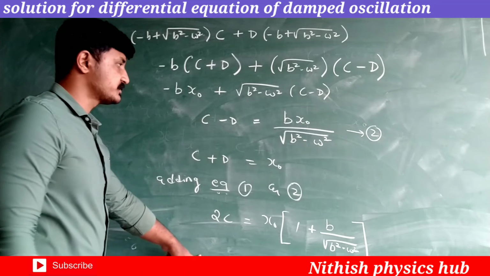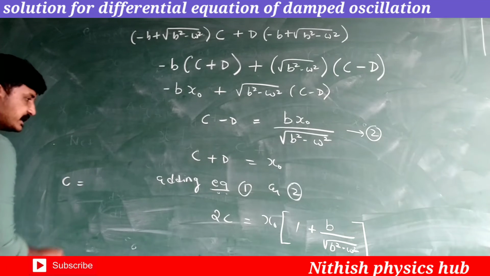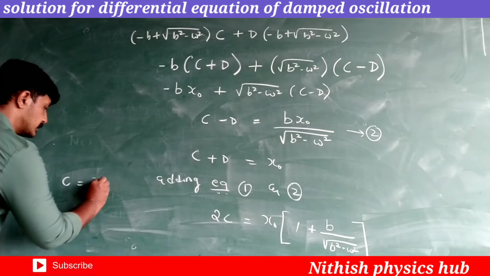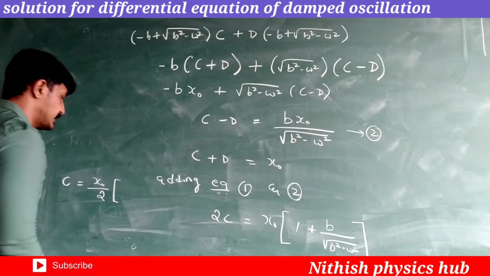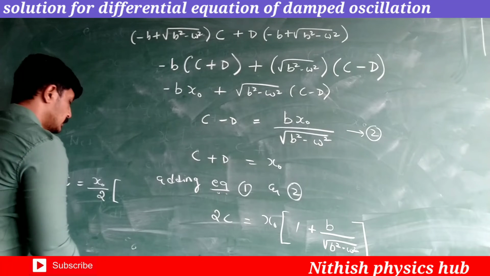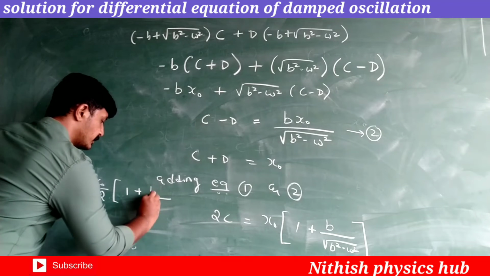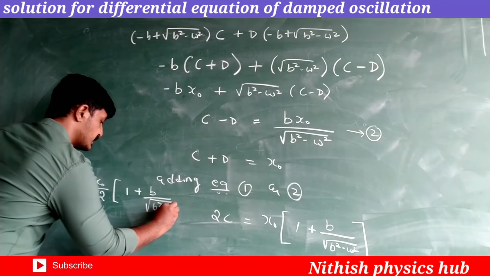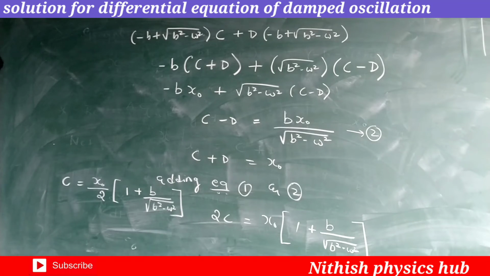So I want the value of c: c will be equal to x naught divided by 2, times 1 plus b divided by root of b square minus omega square. This is the solution for that.